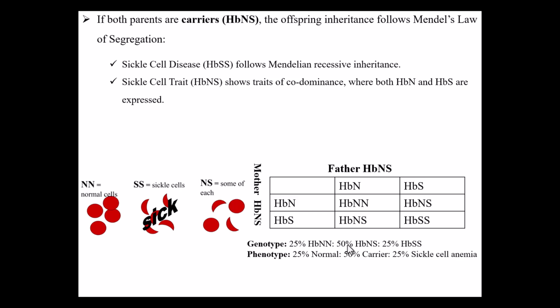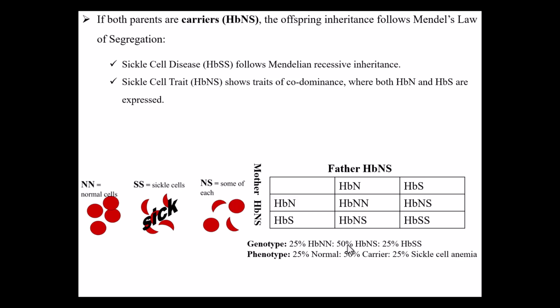They are carriers, they are not infected, which means their offspring could be infected. The carrier for this trait is HbN HbS. See, we have normal red blood cells and sickle red blood cells as well. It means that the person is a carrier for the disease.